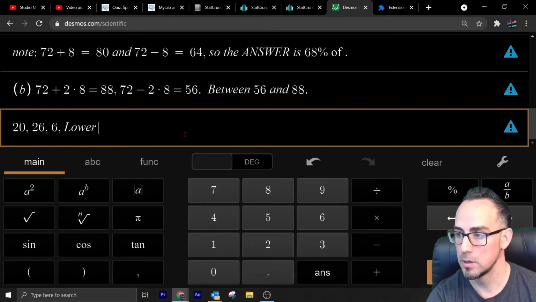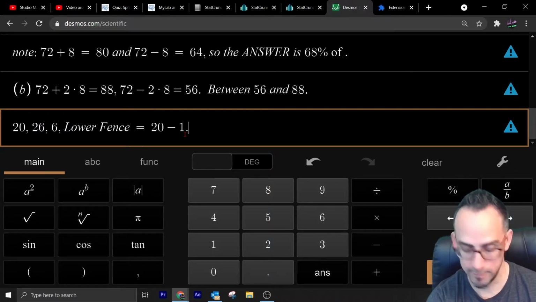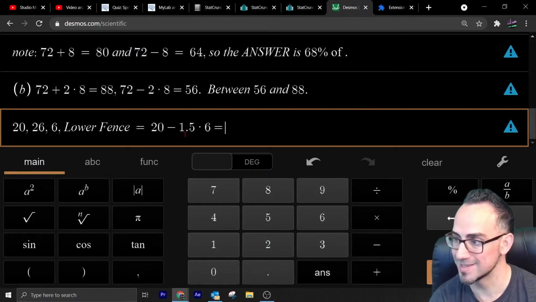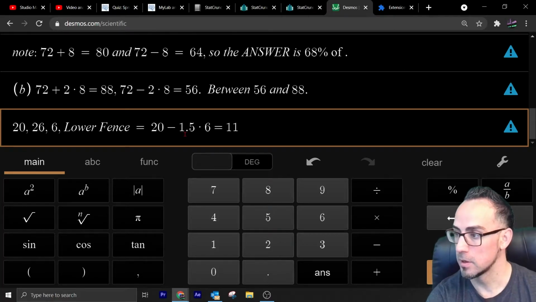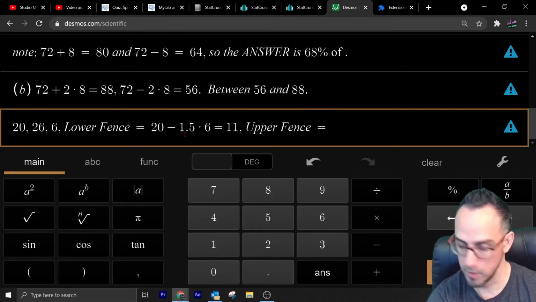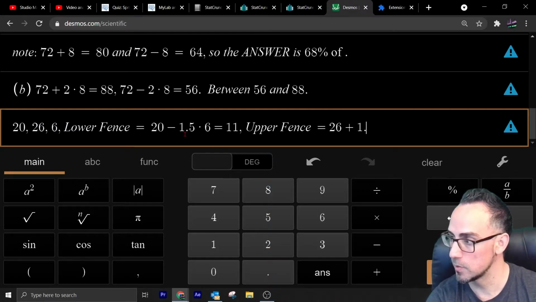Now, here we go. Lower fence equals 20 minus 1.5 times the IQR, which is 6. That's 6 plus 3 is 9. This is 11. Okay, and the upper fence, by the way, this is work you're gonna have to show if you want to get full credit. 26 plus 1.5 times 6.